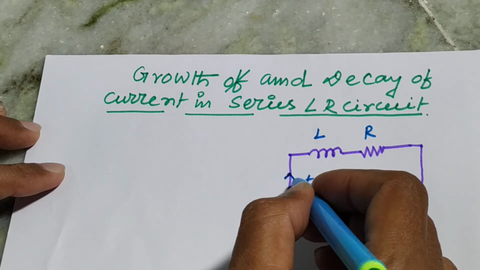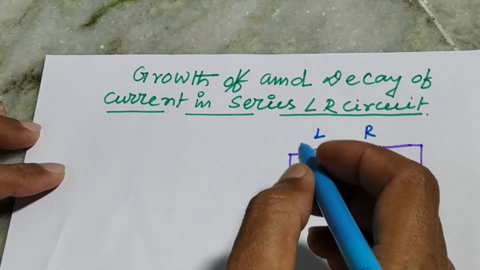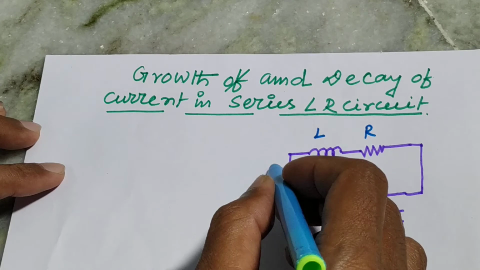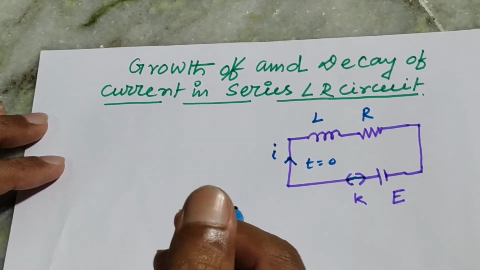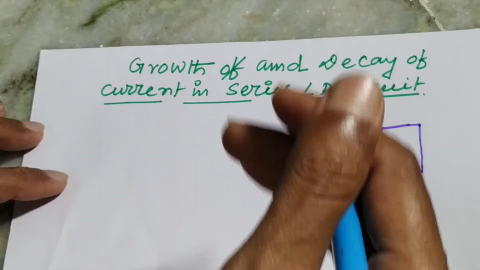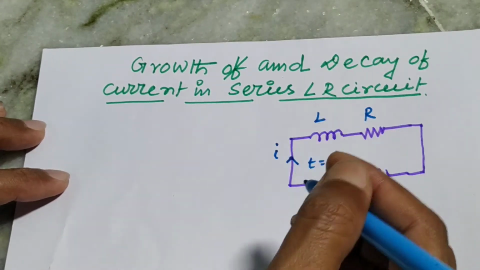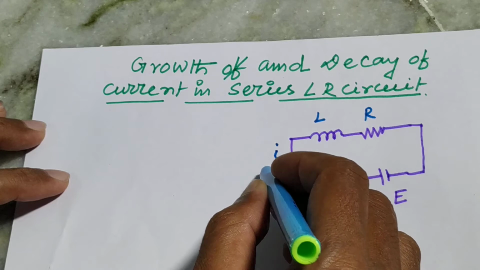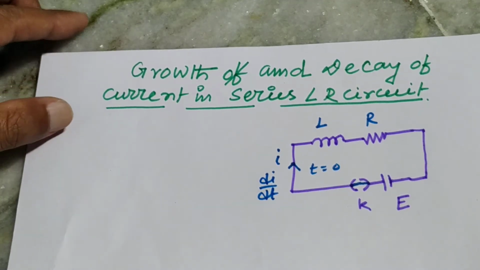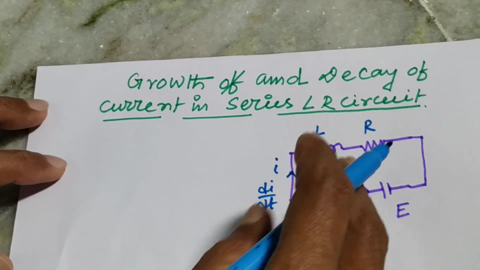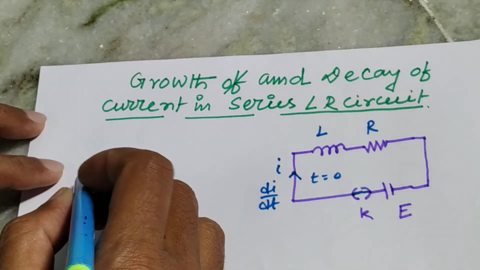Let at any instant of time the current in the circuit be I, and at that instant the rate of change of current in the circuit is di/dt.